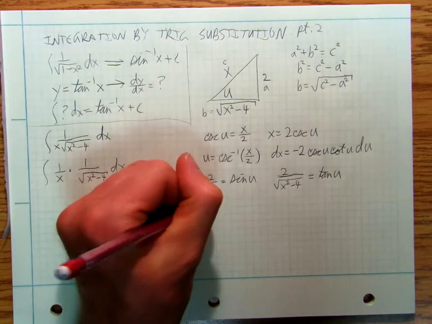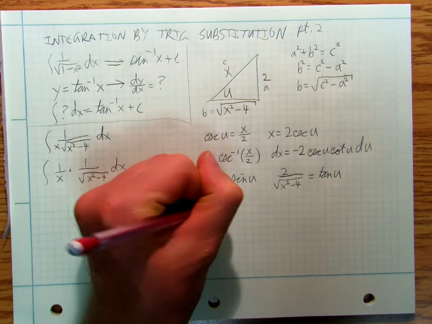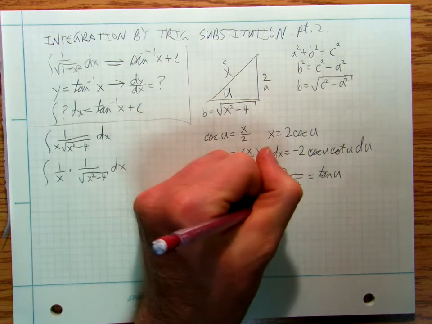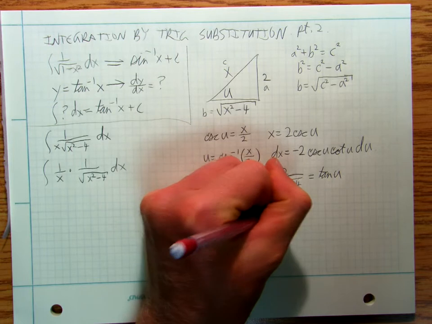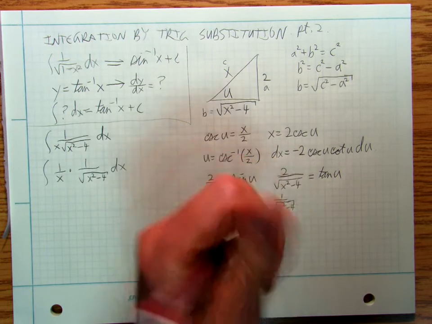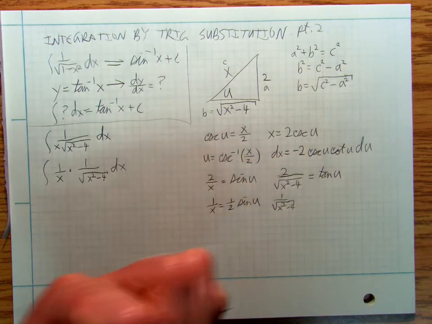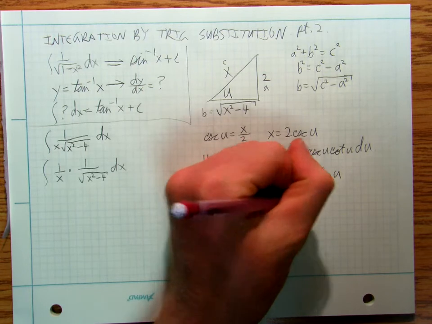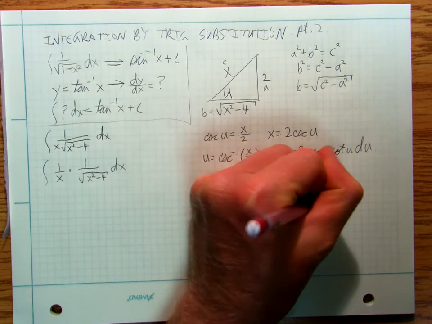And then I'm going to say, well, 1 over x is equal to 1/2 sine u, and 1 over square root of x squared minus 4 is going to be equal to 1/2 tangent u.